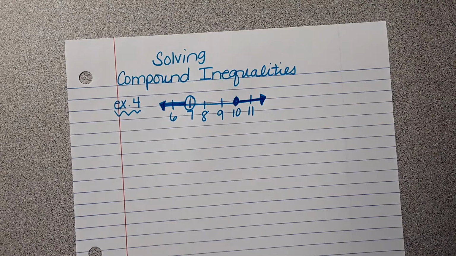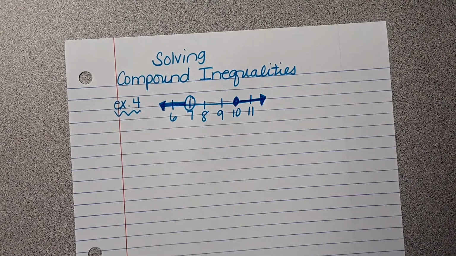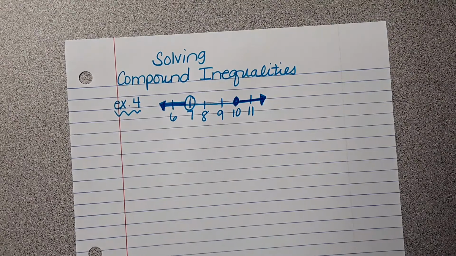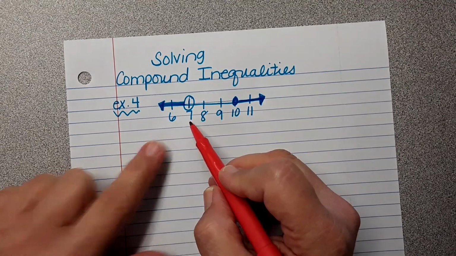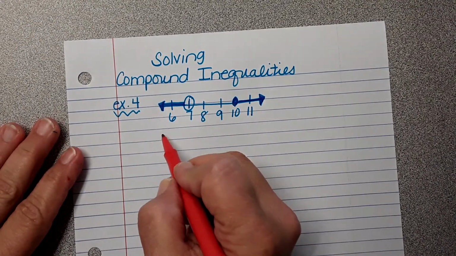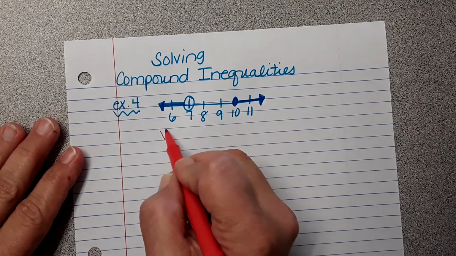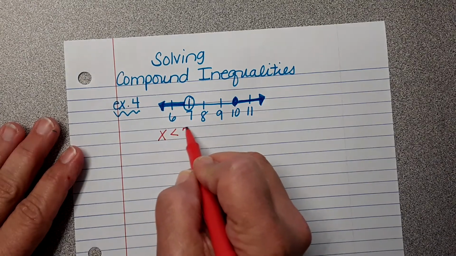Okay, so how do we do this one? So what does this mean? So let's talk about this. What does this mean? X is less than 7.